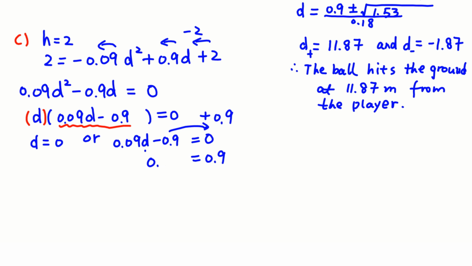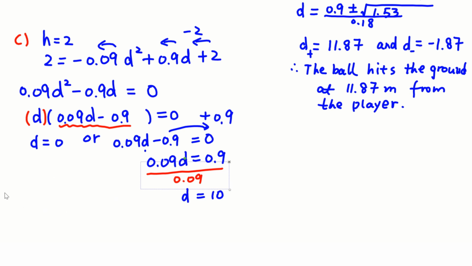Then 0.09 d is left. In order to solve for d, we move the 0.09 to the other side. This is a multiplication. The opposite operation is division. So we move 0.09 to the other side by dividing. Then we will have d equals 10.